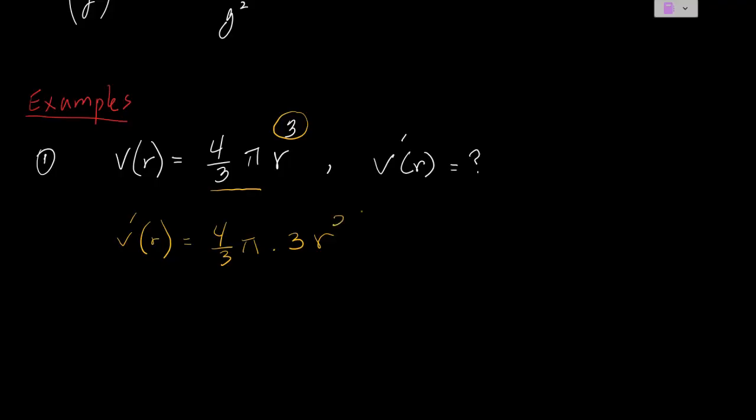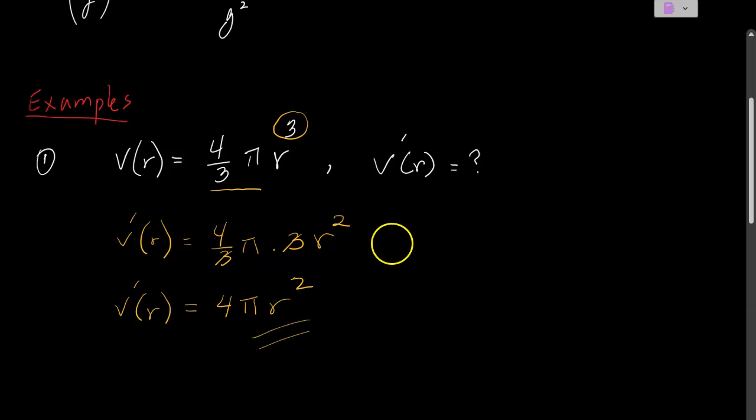So 3 minus 1 is 2. And when you rewrite, now you can simplify. 3 divided by 3 is 1. So you will get 4 pi r squared. That is V prime of r. So that is the first derivative of this volume function.